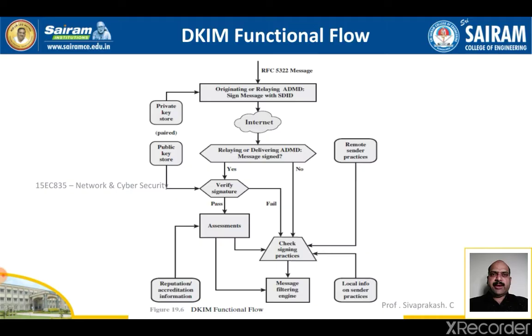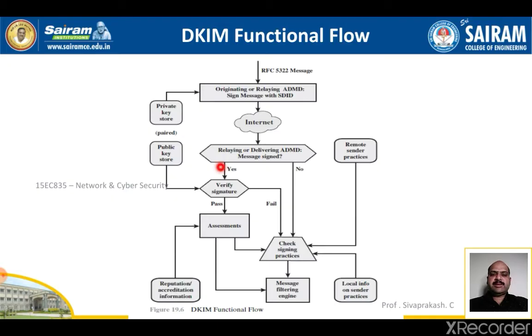Signing is performed by an authorized module within the signing ADMD and uses private information from a key store within the originating ADMD. This might be performed by the MUA, MSA, or an MTA. Verifying is performed by an authorized module within the delivering ADMD. Verifying might be performed by an MTA, MDA, or MUA.